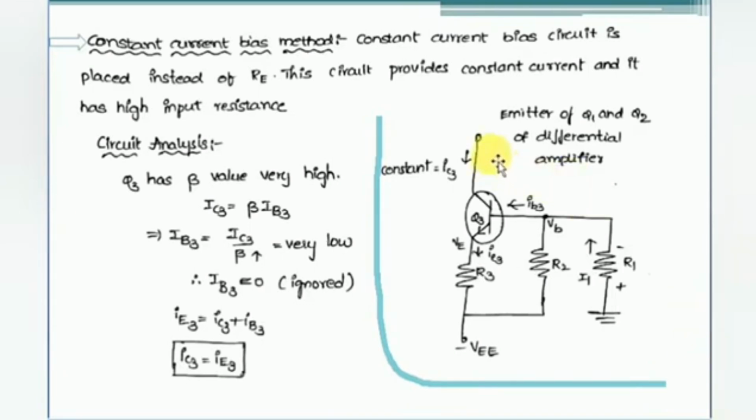If CMRR is high, then the operational amplifier will give better performance. Now, at the emitter terminals of transistors Q1 and Q2 of the differential amplifier, we are simply connecting this constant current bias circuit.